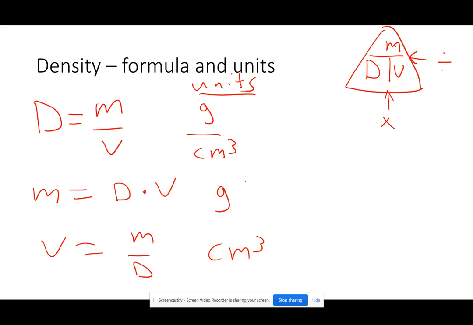And here, one other important point. When we have cubic centimeter, what is cubic centimeter? Well, cubic centimeter is a cube where each side has the length of 1 centimeter.